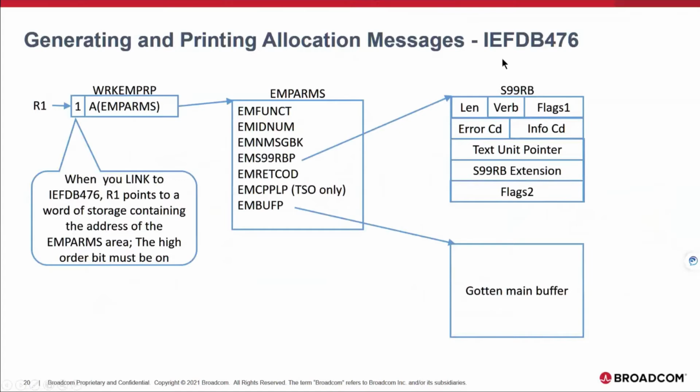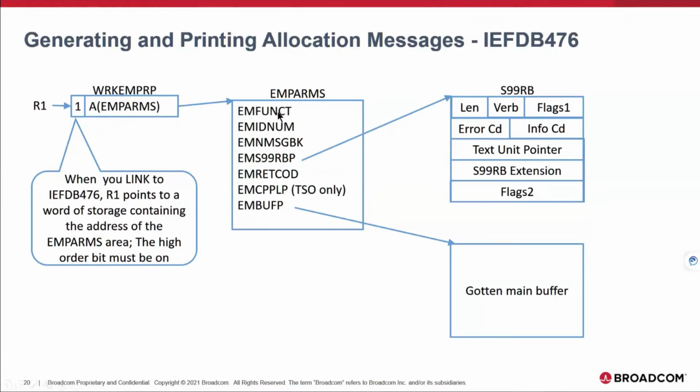So for this message service, this is the way it works: you've got a word that points to the parameter list, the EM params. That's that Dsect1 area mapping. And you've got the high-order bit on, saying that this is the end of that parameter list. So it points over here. You've got a function code, because this message service can format messages from other routines, like a dynamic allocation interface routine, the DAIR routine.